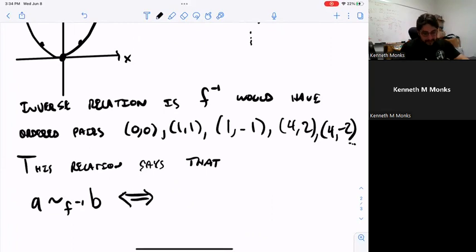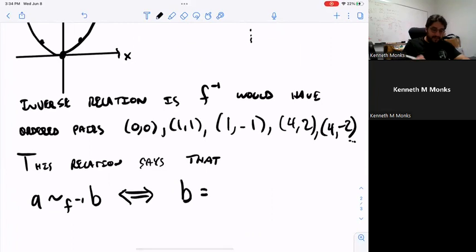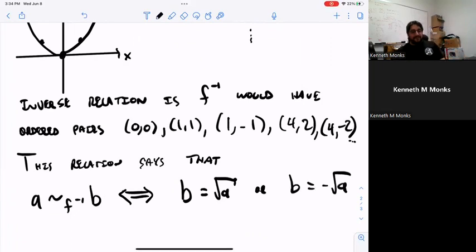Well, here B would have to equal the square root of A, or B could equal minus the square root of A. Every first coordinate is getting related to two separate second coordinates. 4, for example, got related to both 2 and -2.